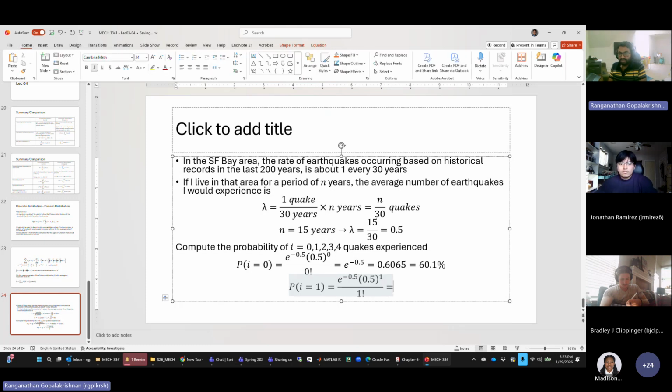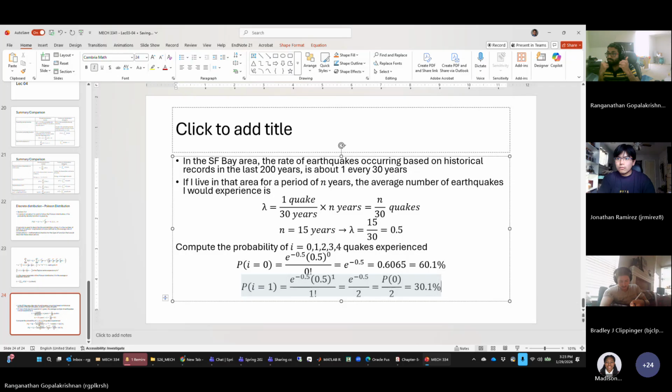This is like saying e power minus 0.5 divided by 2, or in other words, the probability of 0 quakes divided by 2, which is about 30.1% if I round off to 1 decimal point. So 60% chance nothing will happen, 30% chance that there will be exactly one earthquake you get to experience in 15 years.